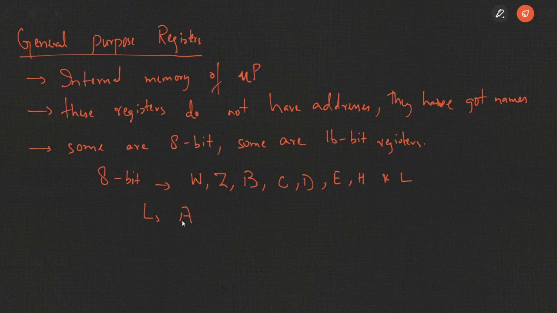You have the temporary register, flag register, and instruction register. All of them are also 8-bit registers, separate from these known register types. They have specific purposes for which they are built: accumulator, temporary register, flag register.